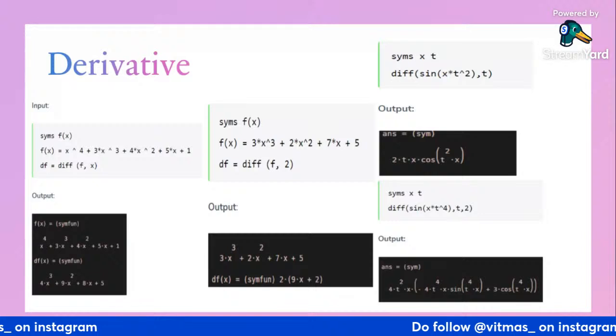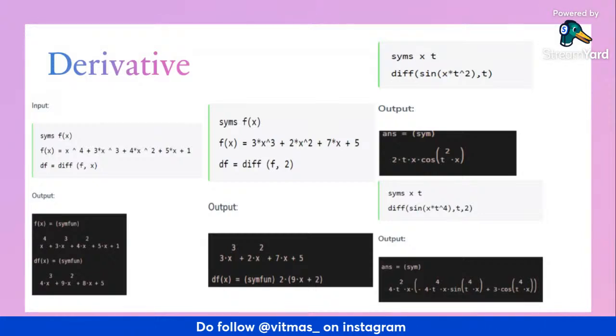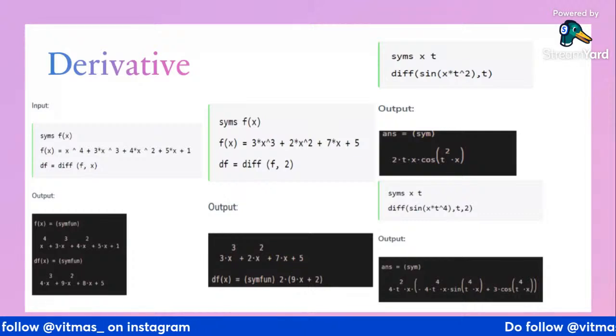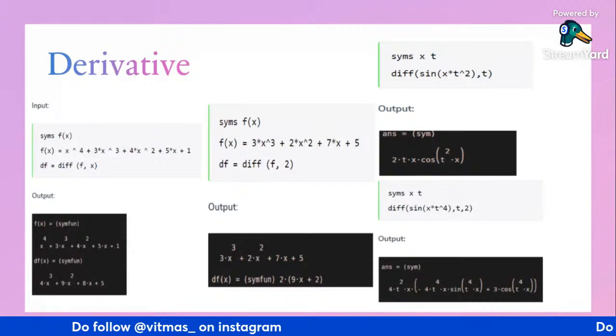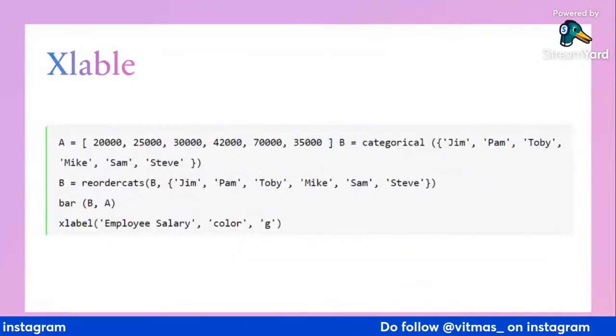It's very simple. It's just differentiating the function, saying diff of f comma the variable. And if I say f comma 2 in place of the variable, that means I'm substituting 2 in that variable. So it differentiates and then substitutes 2.